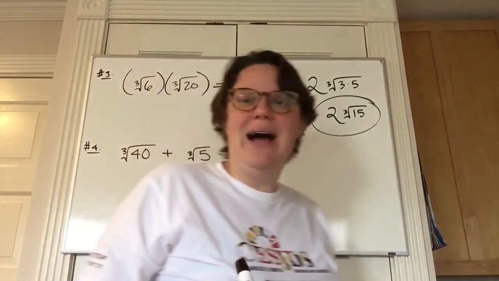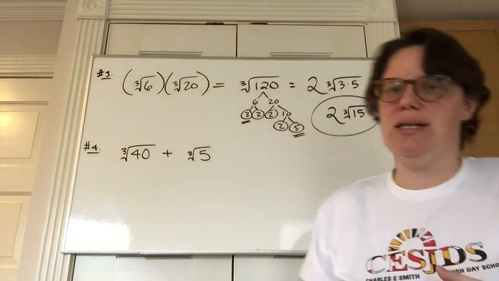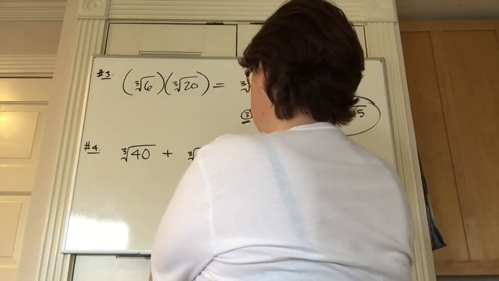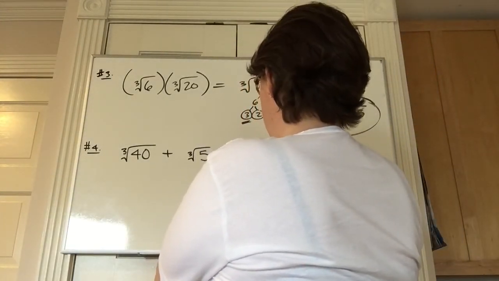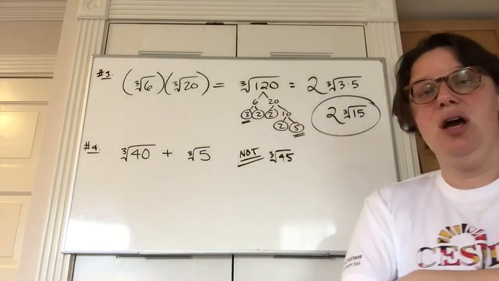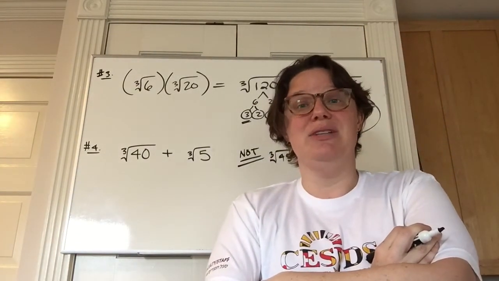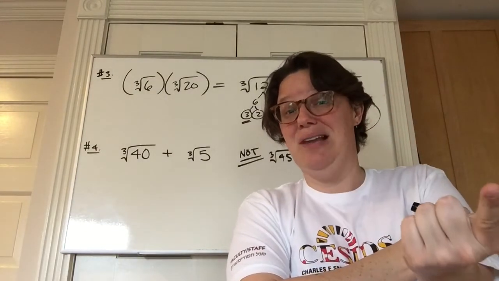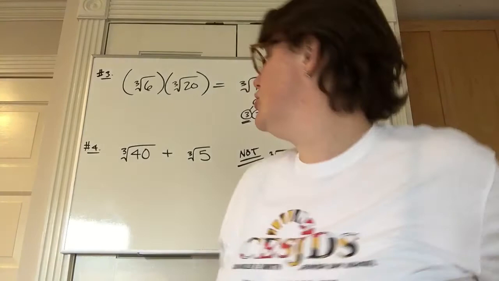If we are adding and subtracting, we do not just add the numbers. Like this is not going to be the cube root of 45. We cannot do that with roots. So the message from last time is that if you have roots, you need to simplify your roots and then combine like terms. Same deal with cube roots.